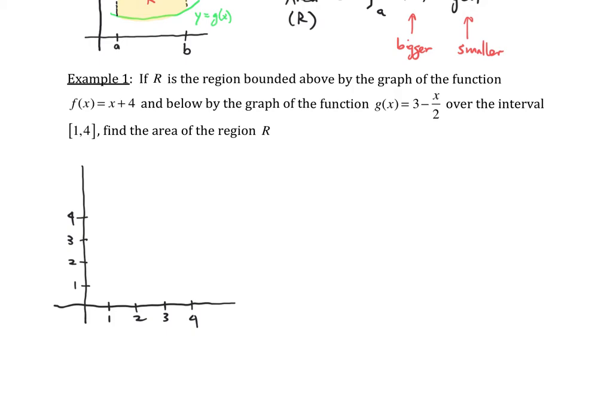And when I look at this f of x, this is a line, right? It's y equals x plus 4. So that's a slope of 1 and a y-intercept of 4. So this graph probably looks something along the lines of this.